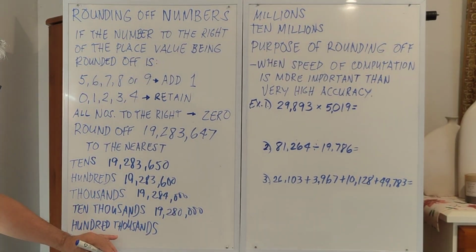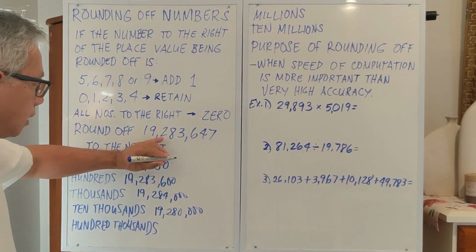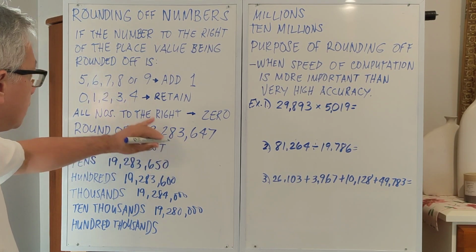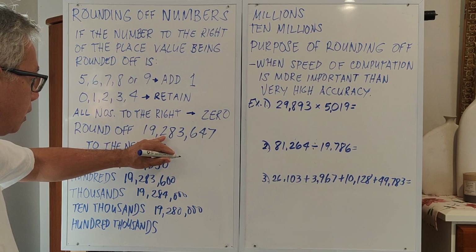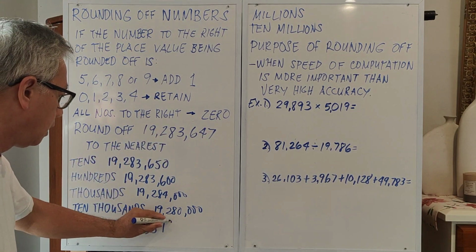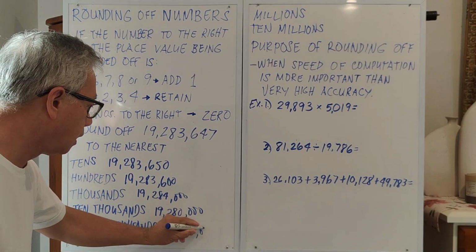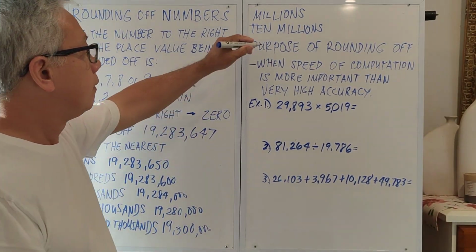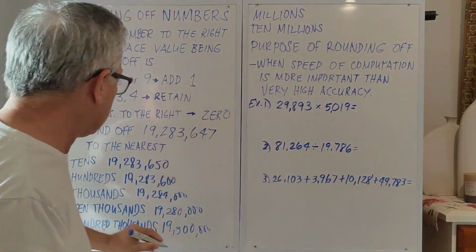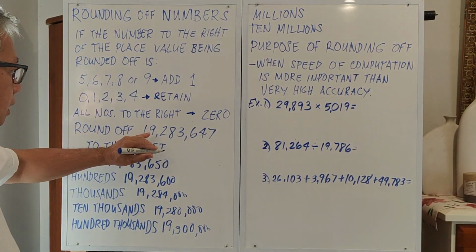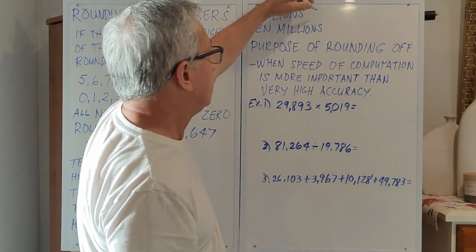If we want to round it off to the nearest 100,000s, the 100,000s is this one. The number next to it is 8, so we add 1 to this number. If we want to round it up to the nearest millions, millions is this one, the number next to it is 2, so we retain this number.